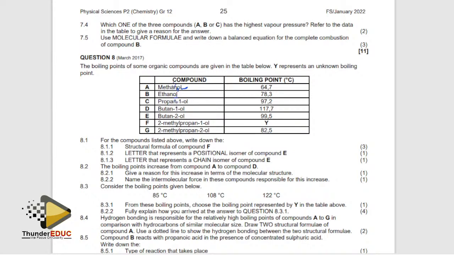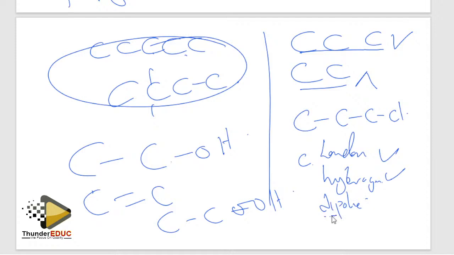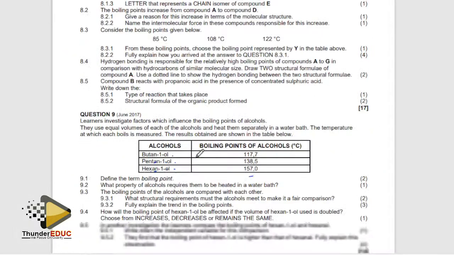If it is alcohol versus alkane, definitely alcohol is going to have a higher boiling point, because alcohols have London force, and then they also have hydrogen bonds. So it means that it's going to have a higher boiling point compared to this. The one which has dipole will have a higher boiling point compared to the London force only. The one which has hydrogen bonds will have a higher boiling point compared to the dipole force and the London forces. Please make sure you know that.